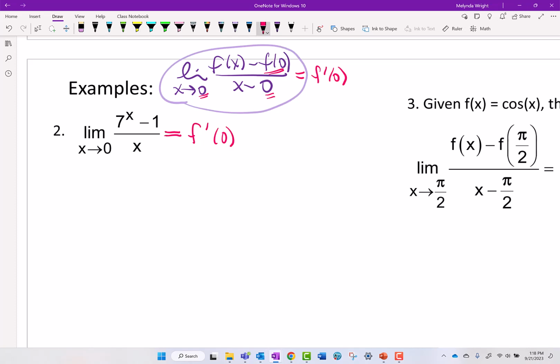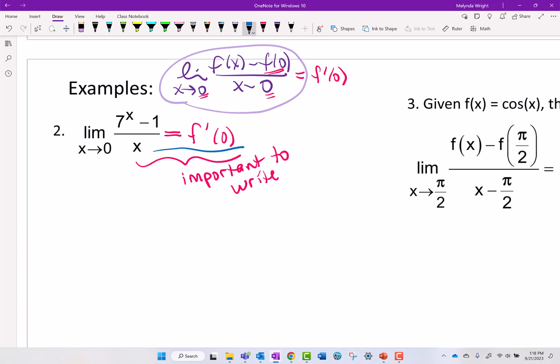All right, so now that we know, and it's really important to write, in other words, you need to write what this equals. You need to identify that this is going to be the same as f prime of 0. It equals f prime of 0. Okay? That's what it equals.